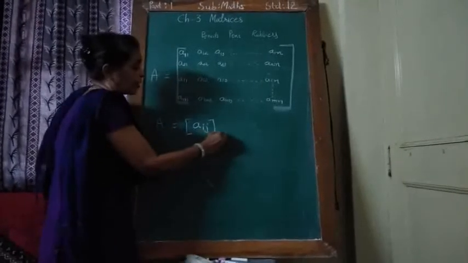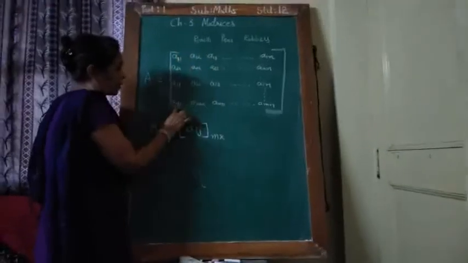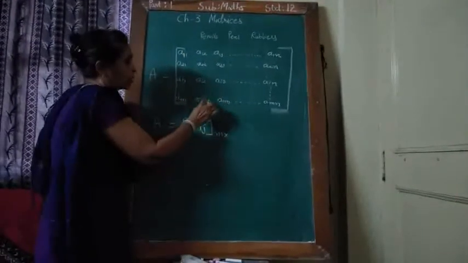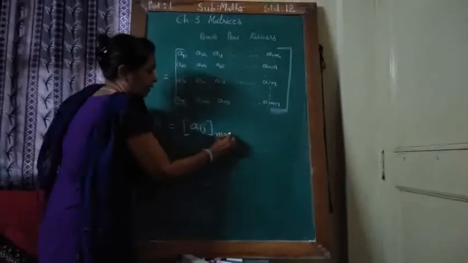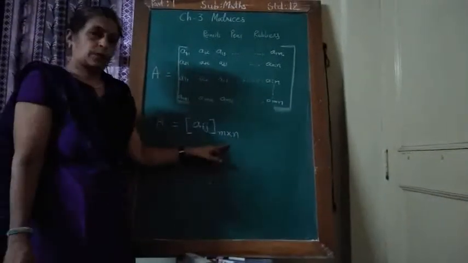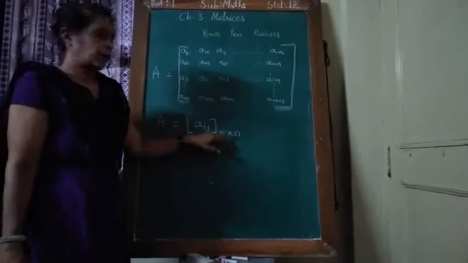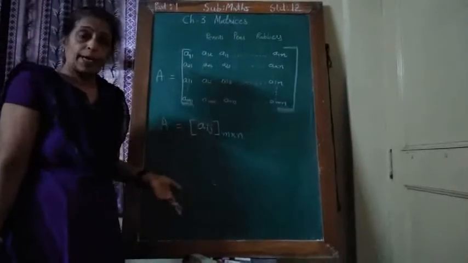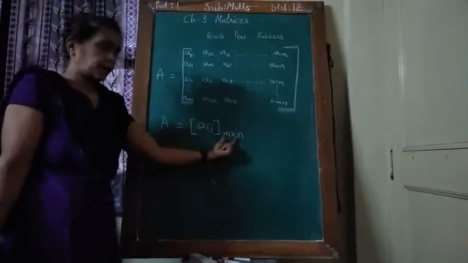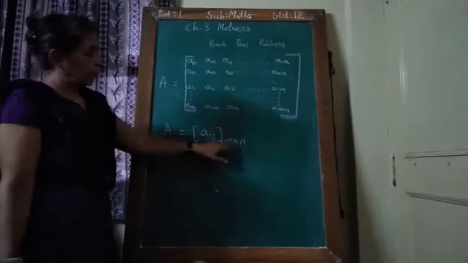So Aij, how many order? There are M rows and N columns, so we write M cross N. Some may speak this as M cross N or M by N, but this is not multiplication.